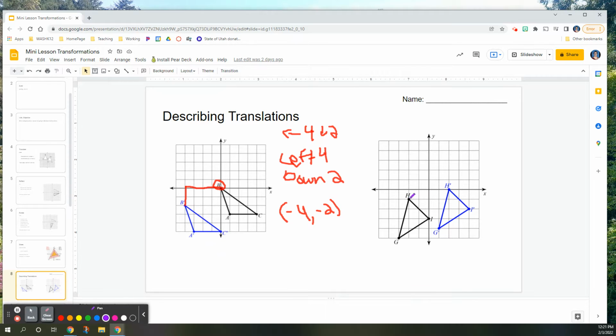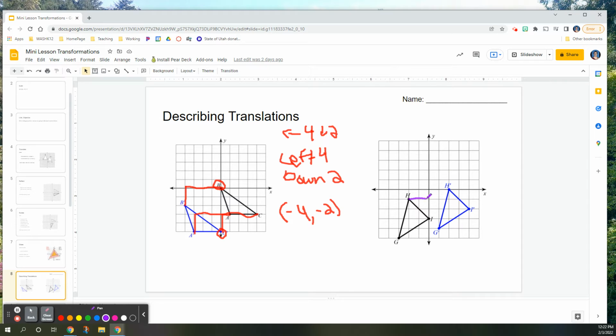Okay, for this next one, before we move on, and this is true for every point. So for A, I go over 1, 2, 3, 4, and down 2, and I land on A prime. For C, I go over 1, 2, 3, 4, down 2, and I land on C prime. Okay, now I can move over to this one. So now I'm going from this H to H prime.